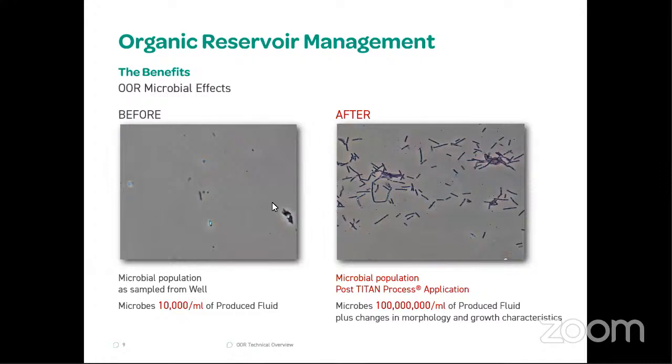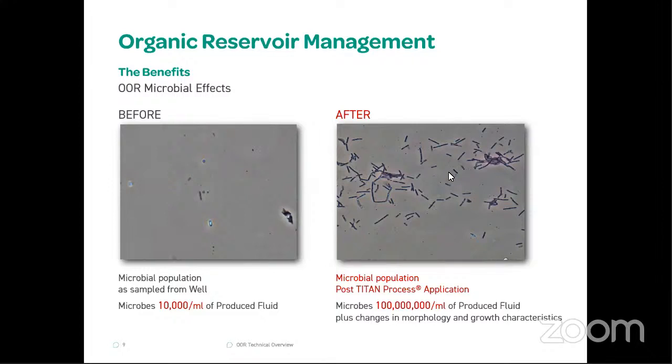So this is the picture of the produced water, and we can see the microbes under the microscope. This is before the treatment, before injecting any nutrient, and this contains 10,000 microbes per milliliter. When we inject the nutrients, this is how it looks, 100 million microbes per milliliter, under the microscope after applying the nutrients.